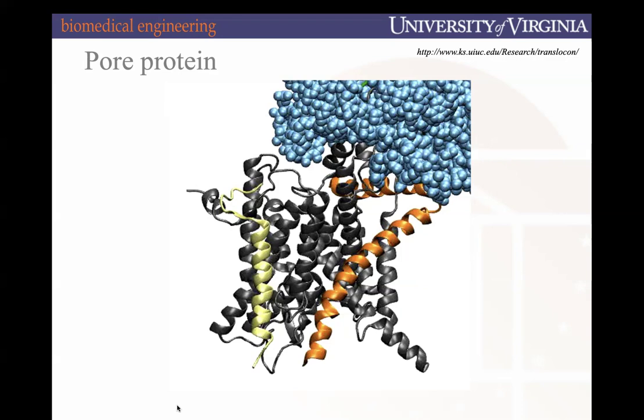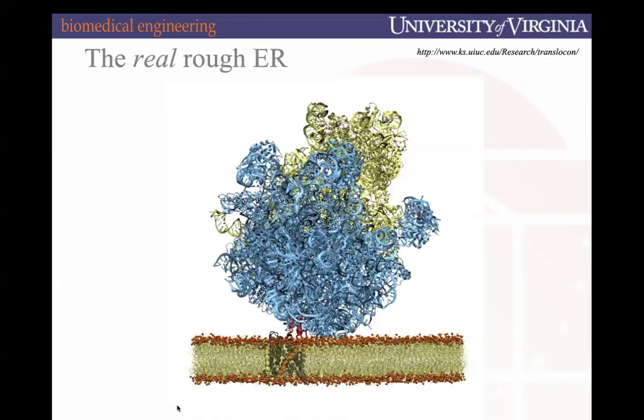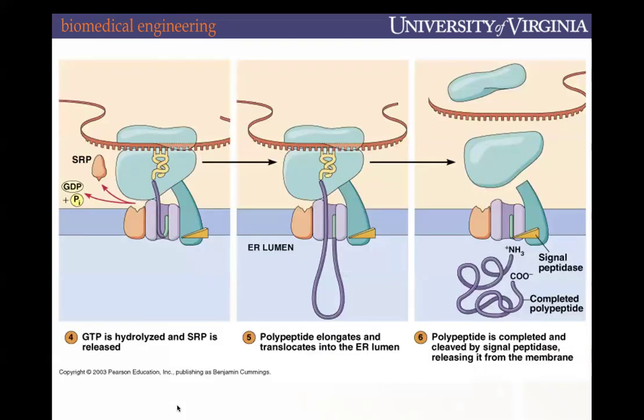So all of the steps of translation are still occurring. Everything we talk about in translation is situated with just the transfer RNA and the ribosome here. All that's happening now is that this ribosome is docked at the ER, and this happens with a lot of proteins. For co-translational import, that includes extracellular proteins and cell membrane bound proteins, which is a lot.